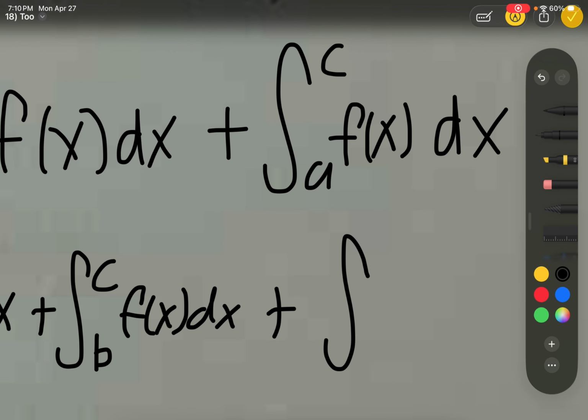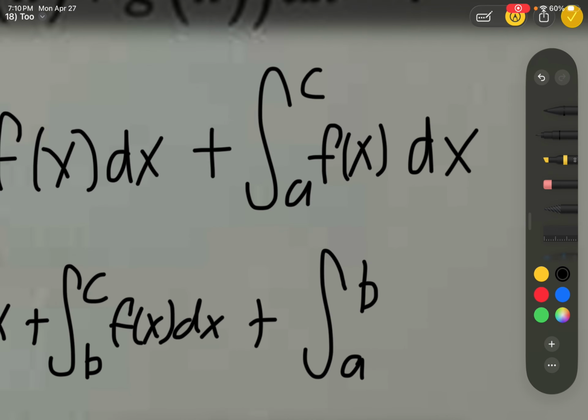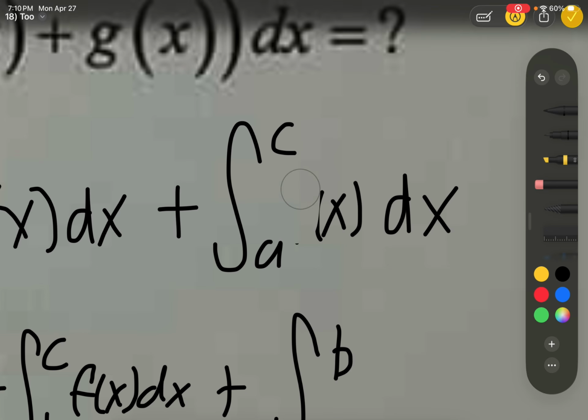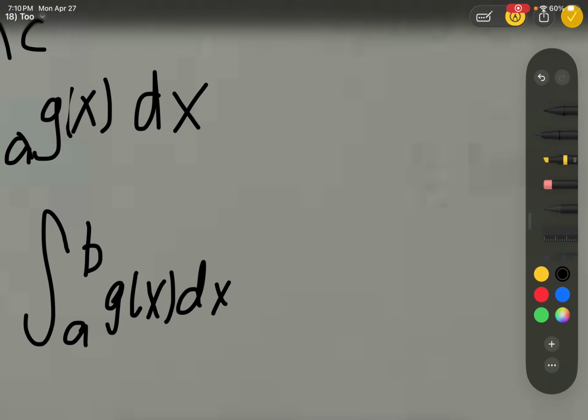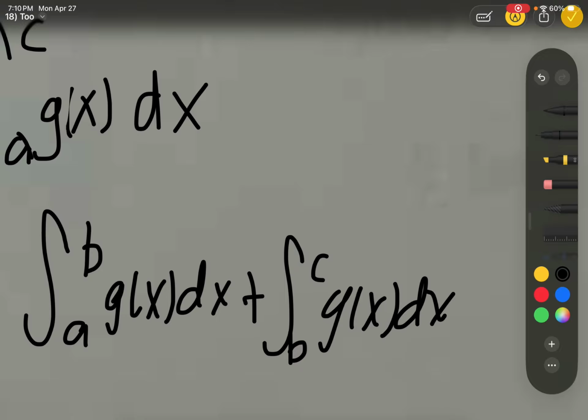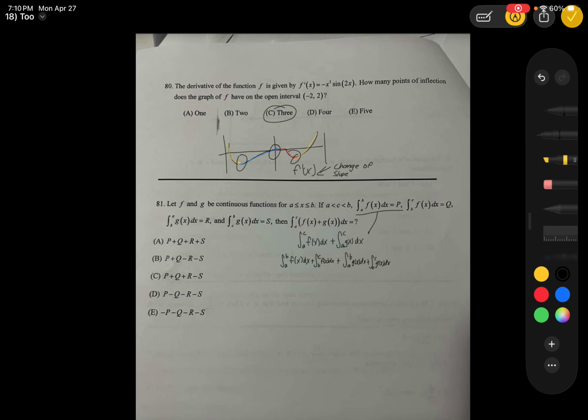And then plus a to b. Why did I write f of x twice? It's supposed to be g of x. g of x dx plus b to c g of x dx. Alright?